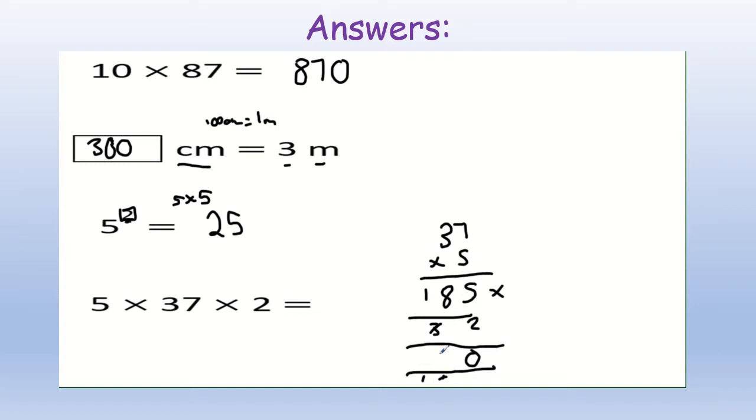Add our 1 is 17. 2 times 1 is 2. Add the 1 we carried is 3. 370. How did you do with these? Did you get the same answers as I did? Excellent work. Keep it up.